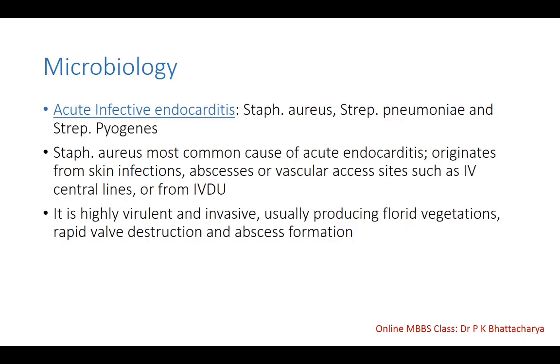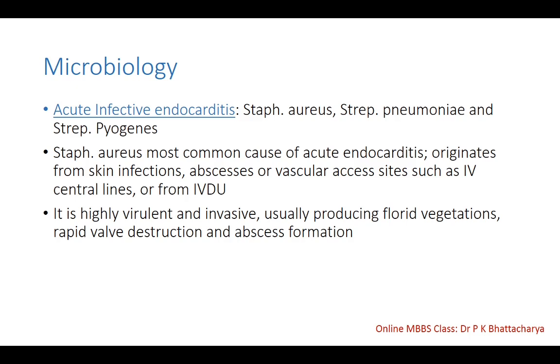Now, the microbiology of acute infective endocarditis. The common organisms are Staphylococcus aureus, Streptococcus pneumoniae, and Streptococcus pyogenes. Staphylococcus aureus is the most common cause of acute endocarditis, and it is a common commensal of the skin.